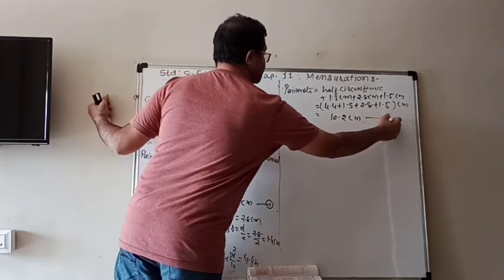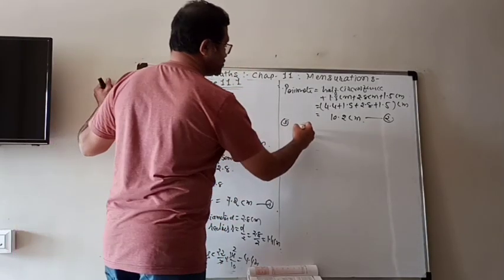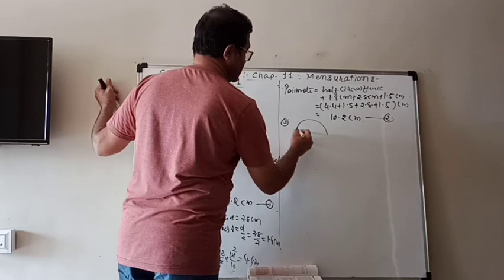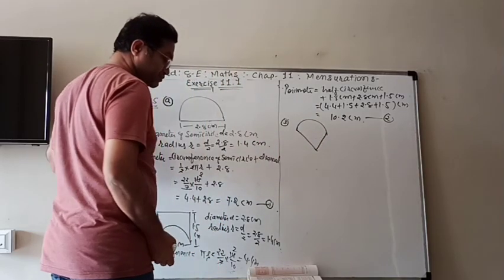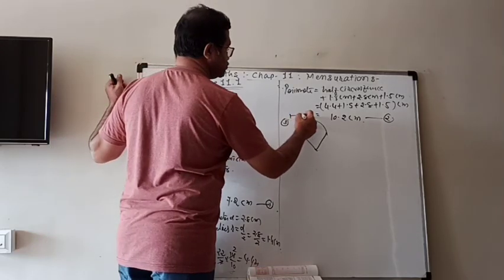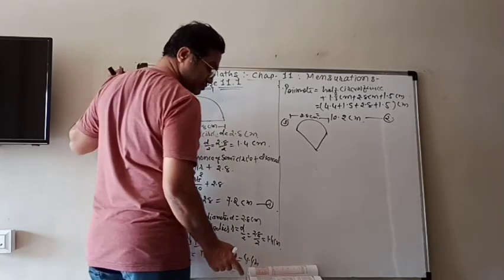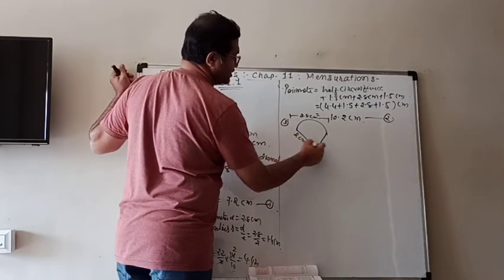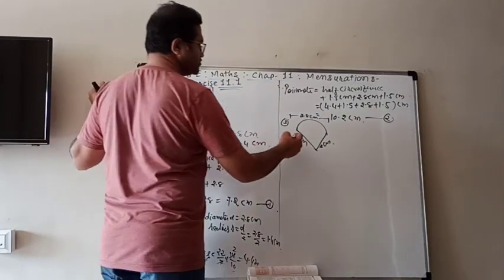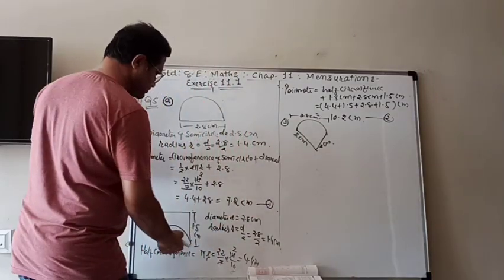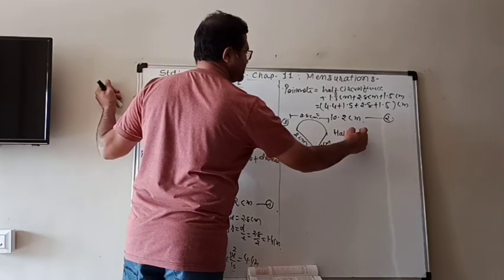Now that is the second one, and now we have to finish the third one. Third one is also a semicircle, and then two lines like that. Diameter is the same, 2.8 centimeter, and the two sides are 2 centimeter and 2 centimeter. So here also we already found the half circumference, which will be the same.